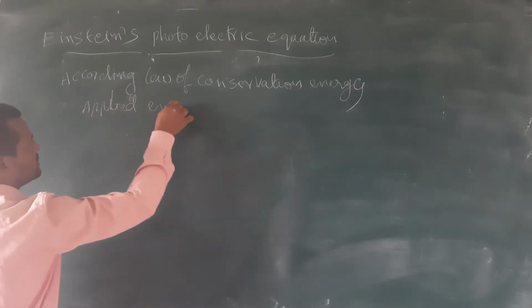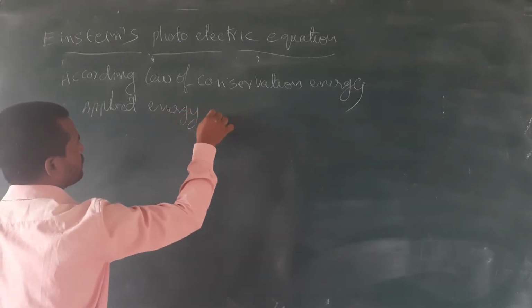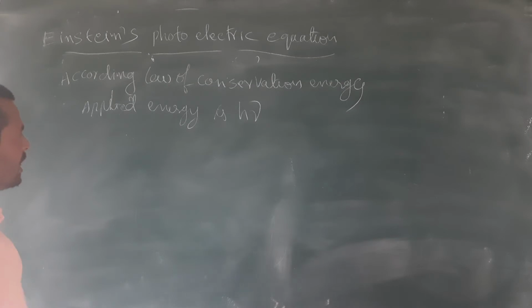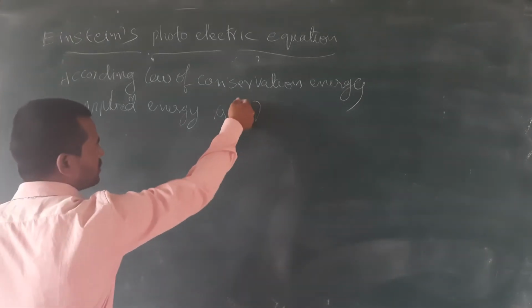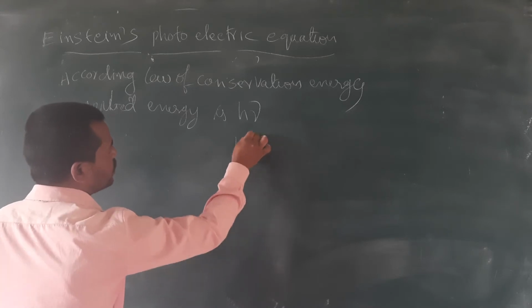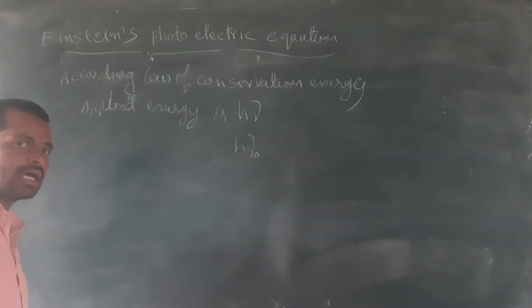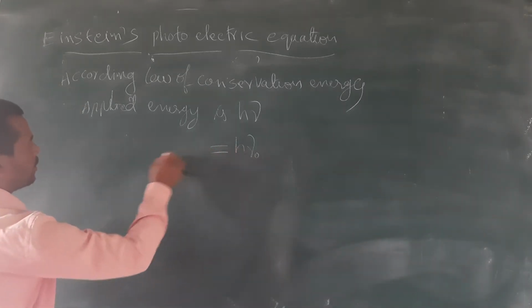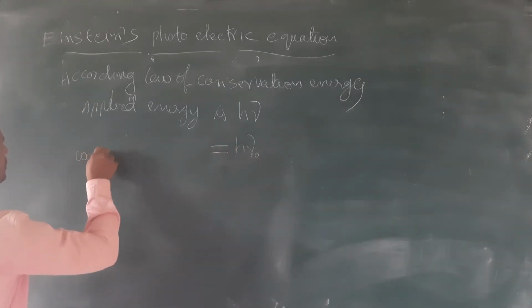Applied energy is h nu, and a certain amount of this energy is utilized to bring the electron outside from the metal surface. That is what we call the work function.